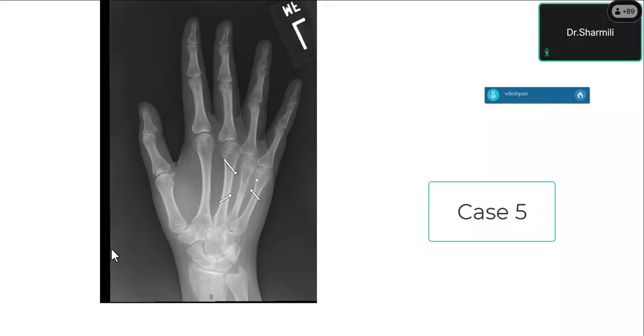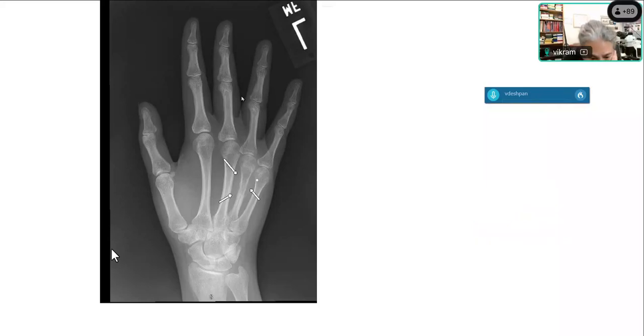And this is where my knowledge of imaging sort of starts fading. But there's clearly a lesion here in the metacarpal bone, in the diaphysis, and you can see some irregularity of the cortex.